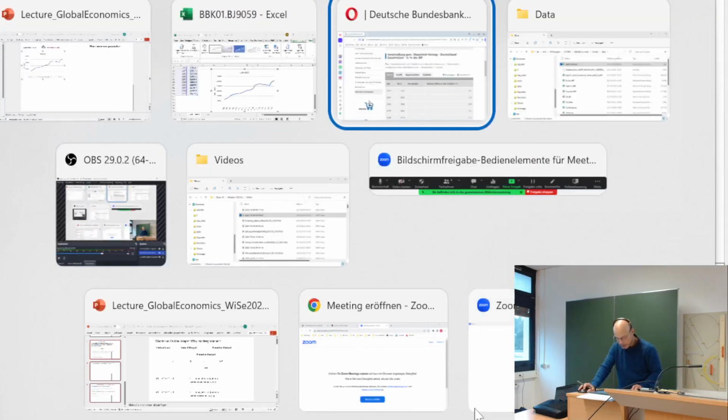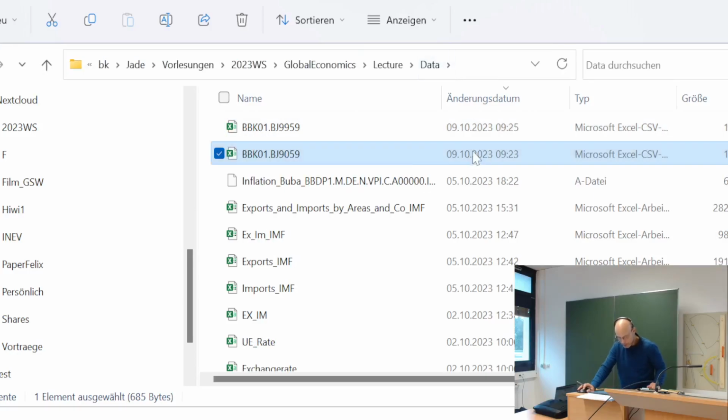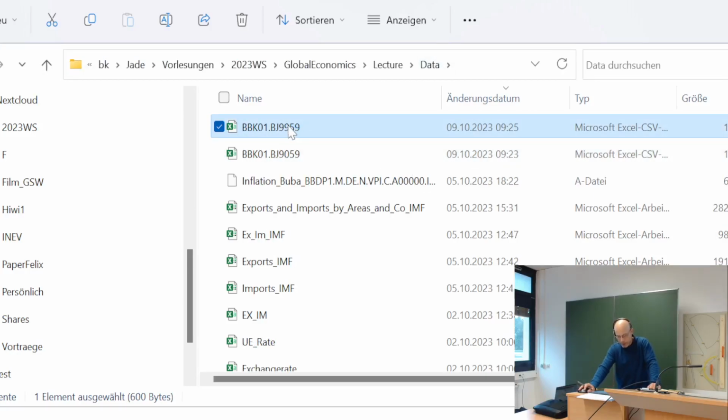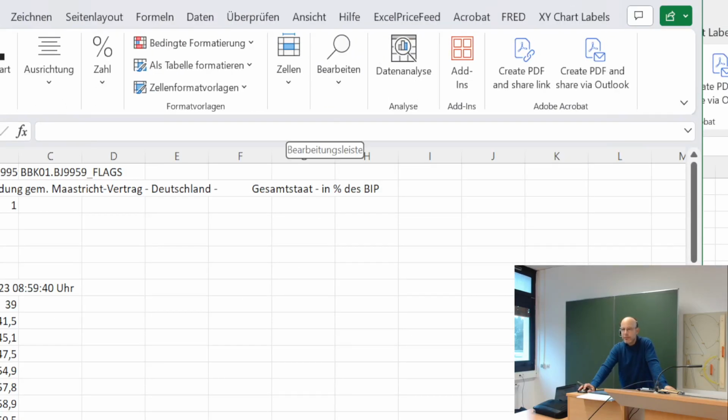Absolute and relative to GDP. Well, if you don't find directly the relative number, then I think you will find nominal GDP values, and then you can calculate the relative number via the absolute debt divided by the nominal value of GDP. So this is then the debt ratio.